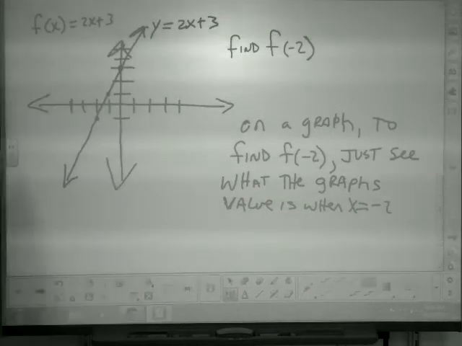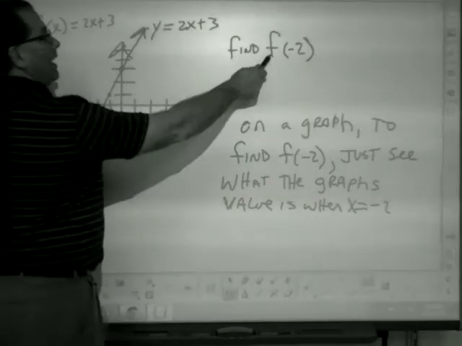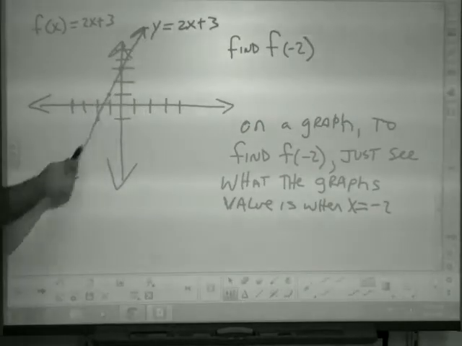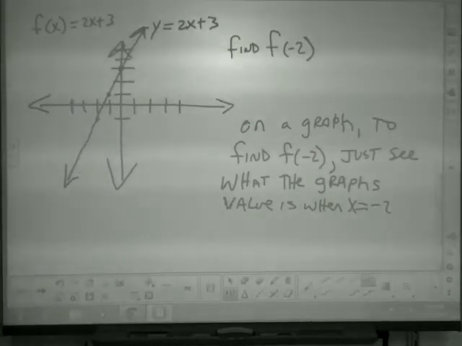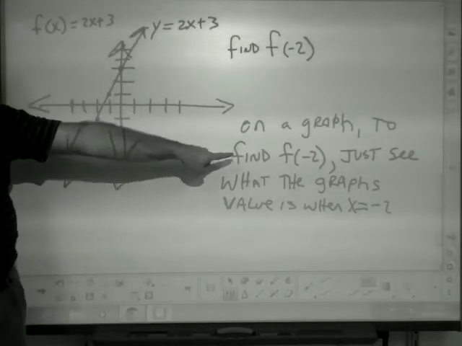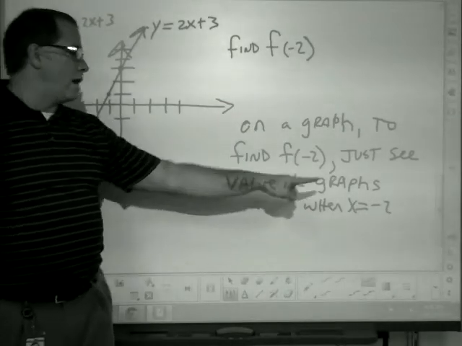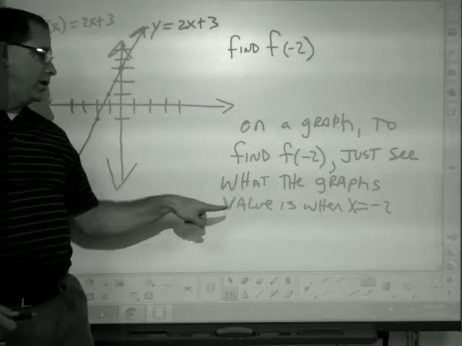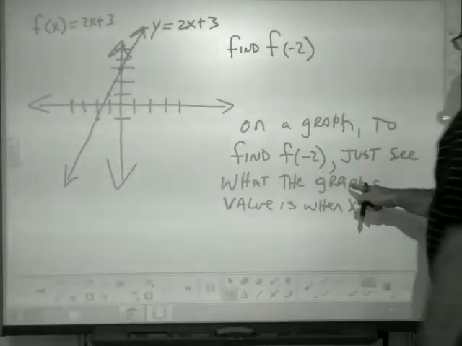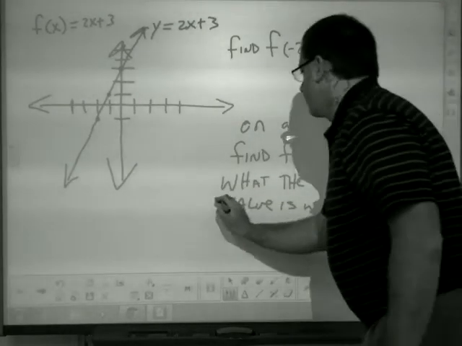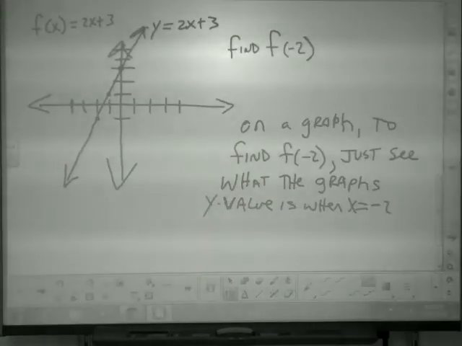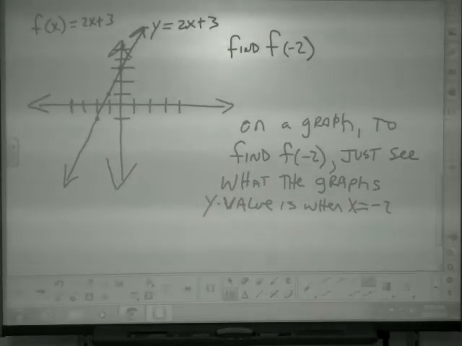That's a function, okay? Find the f of negative 2. Well, graphically, to find f of negative 2, just see what the graph's y value is when x is negative 2.